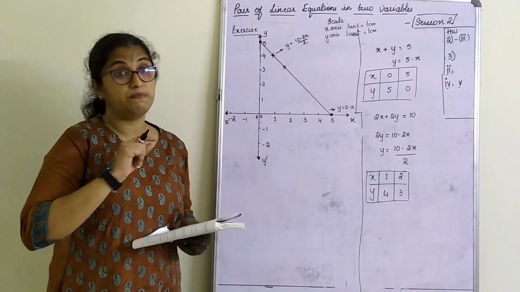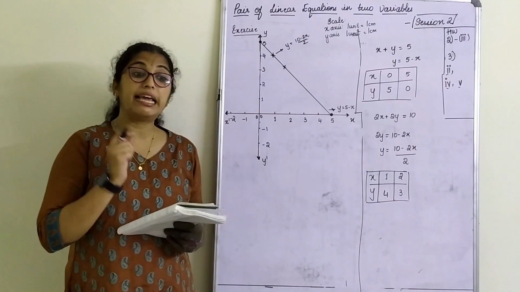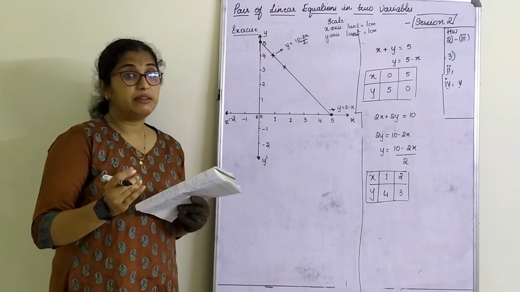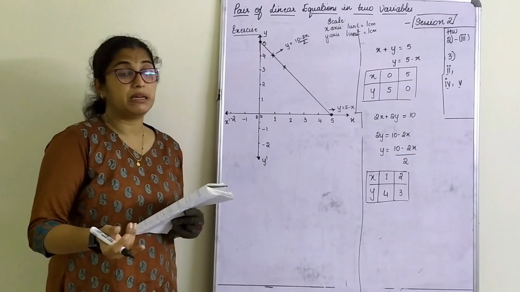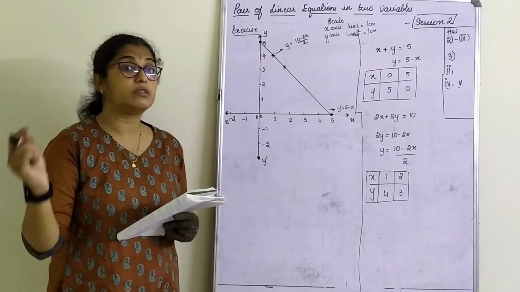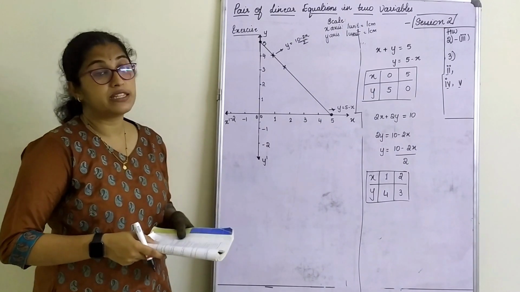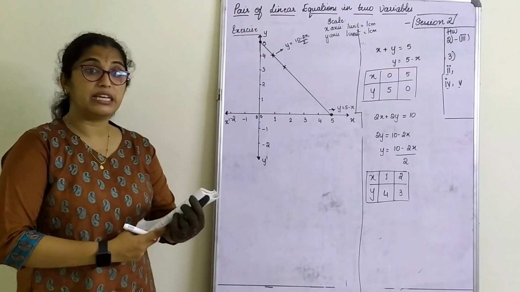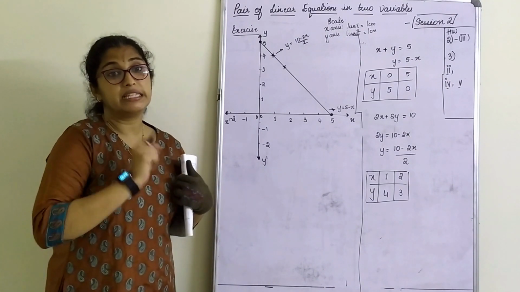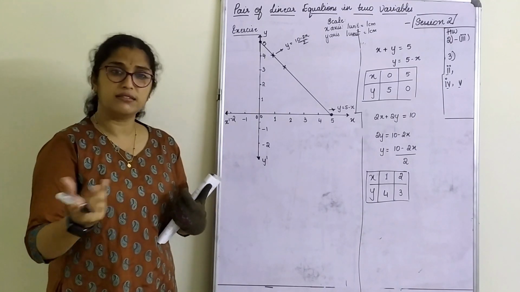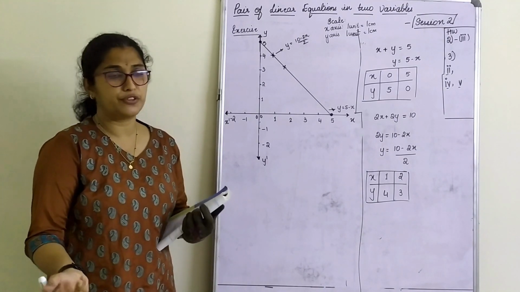In case they are parallel, that is A1 by A2 equal to B1 by B2 but not equal to C1 by C2, you cannot draw the graph. Then you will give the conclusion saying that the lines are parallel, hence inconsistent. No graph will be drawn for that.